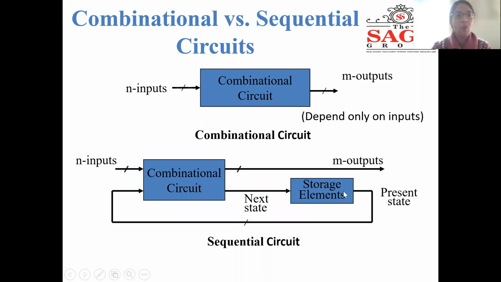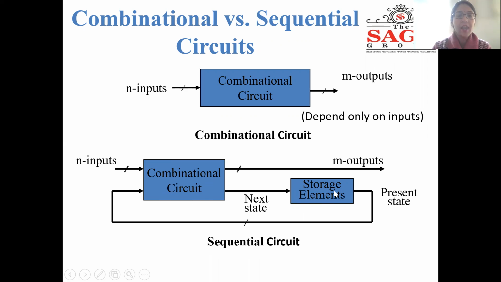Next, we will see the difference between a combinational circuit and a sequential circuit. I have already told you that a combinational circuit is a type of circuit whose present output is dependent on present inputs only. A sequential circuit is a little bit different. It consists of a combinational circuit along with storage elements.